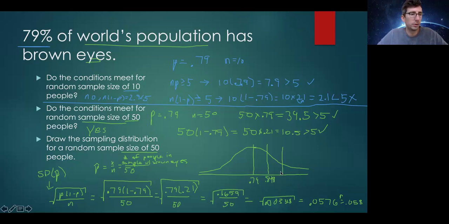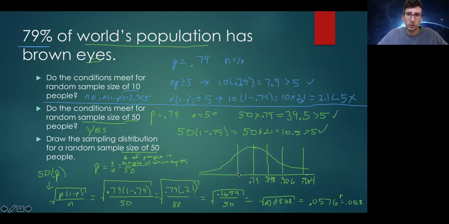Going 2 standard deviations over, we'll add another 0.058 to our 0.848, and we'll get 0.906. And then lastly, if we go 3 standard deviations over, we add one more 0.058, and we get 0.964.